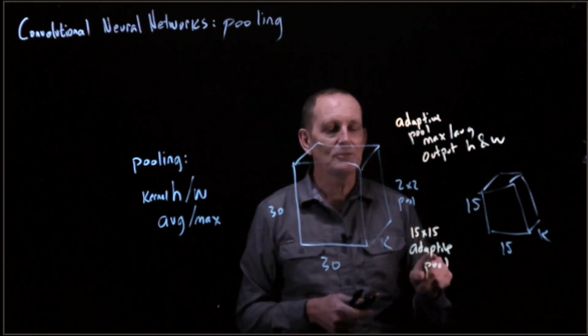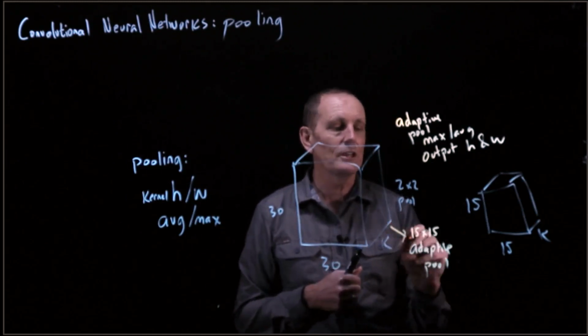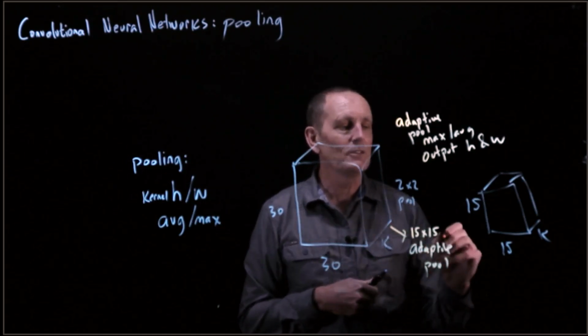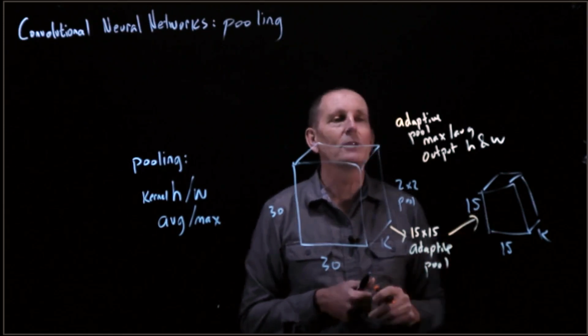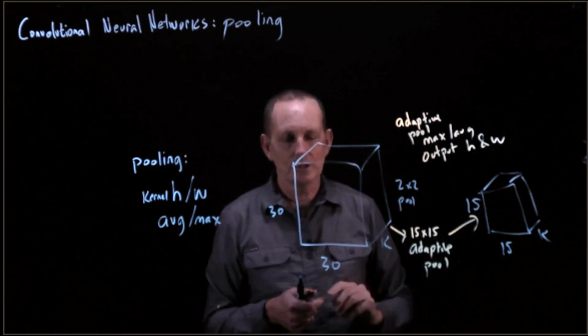The key is the adaptive pool actually will work with whatever size you give it. So if you come in with a 30 by 30 and you do a 15 by 15 adaptive pool, you're going to get a 15 by 15 output. How? It's going to do the same 2 by 2s that this one would do.